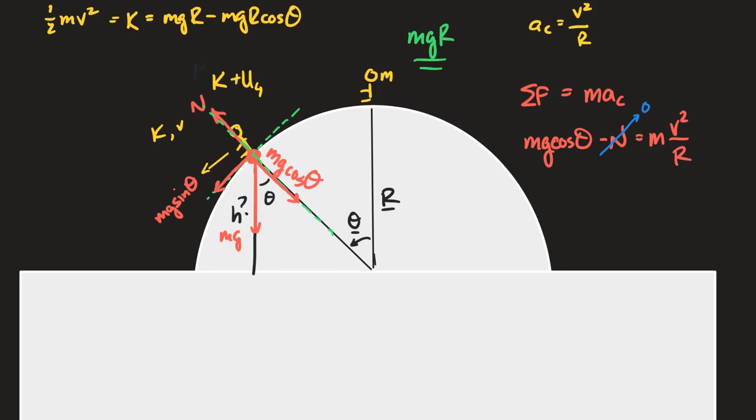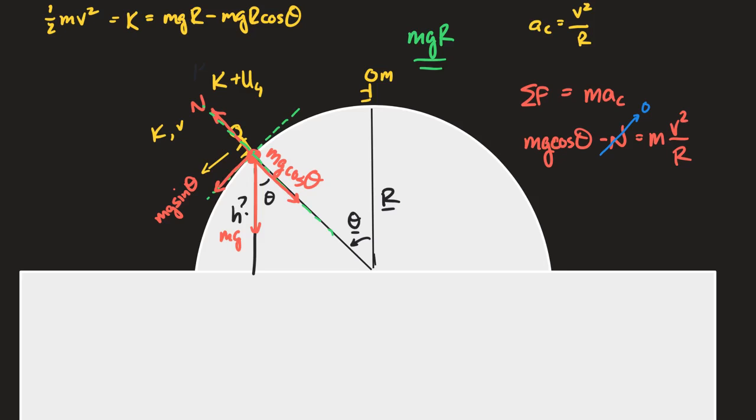Right? Because the right side's getting bigger, the left side has a value that's getting a little bigger, but the normal force has to reduce. So my expectation is that there's going to be a point where the normal force is zero.